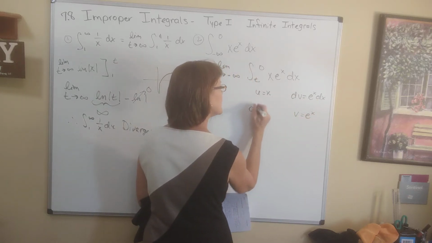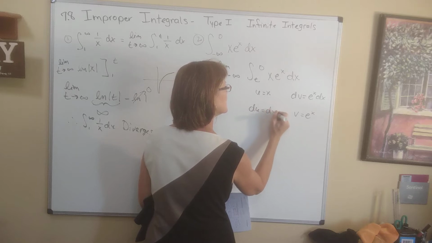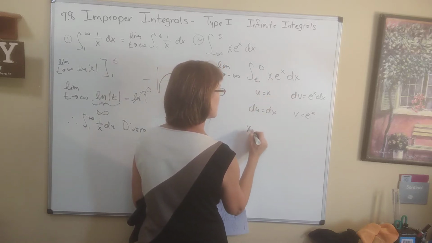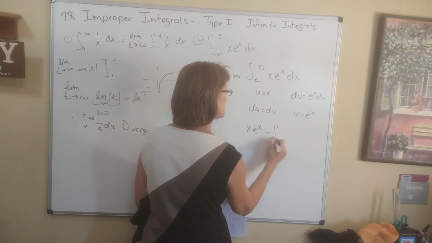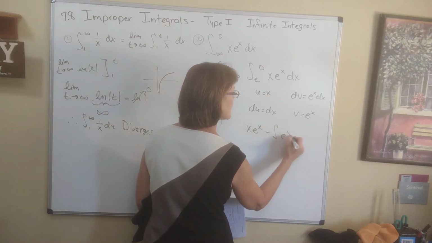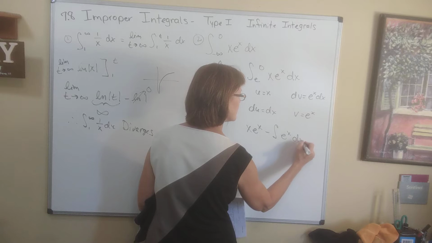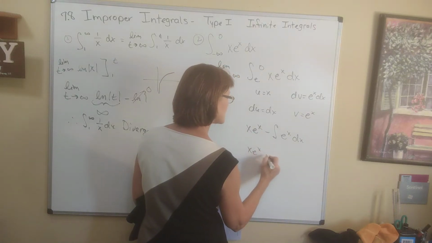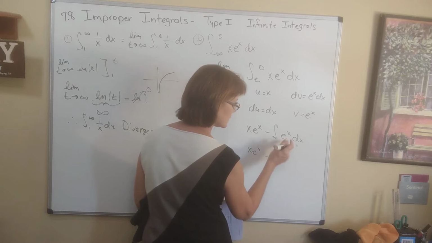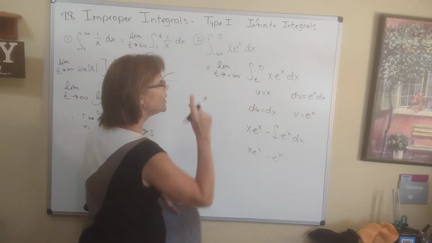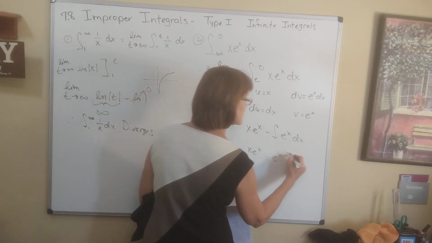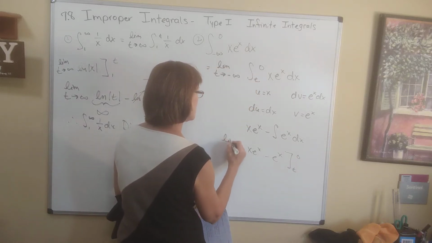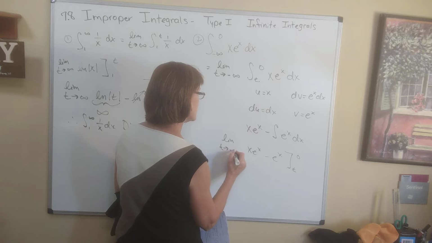Take the derivative of u to get du. So this will be uv minus the integral of v du. All right, and then we can integrate this. x e to the x minus e to the x is the integral. We're evaluating this from t to 0, the limit as t approaches negative infinity.